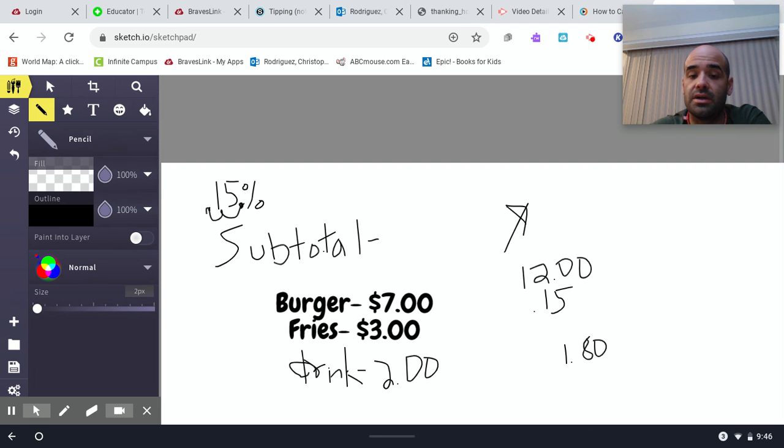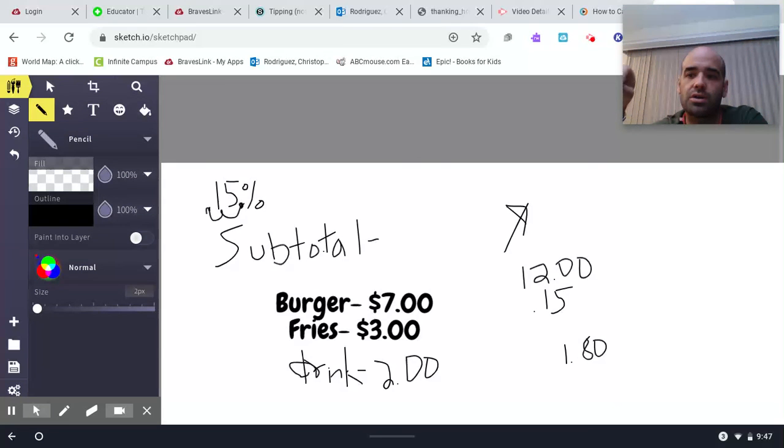What I want you to do is I'm going to add some questions in here, and you first add up the subtotal and then get a 15% tip and figure out what that tip would be. I always like to think, if I get a number like 4,242 on a bill of $22, does that make sense?